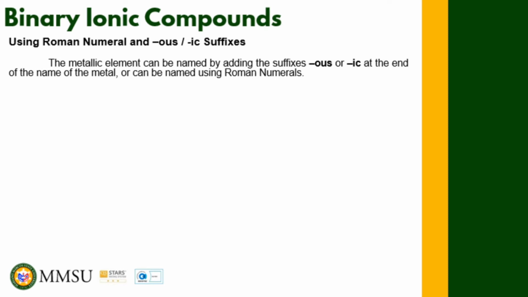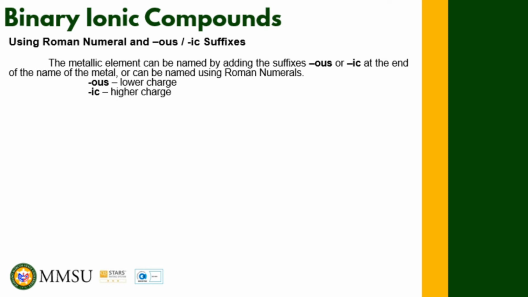So, note that some metallic elements have more than one possible charge, such as our copper, which has a positive and a 2 positive charge. But before that, if you're adding the OUS suffix, it has the lower charge. And for IC, it has the higher charge.